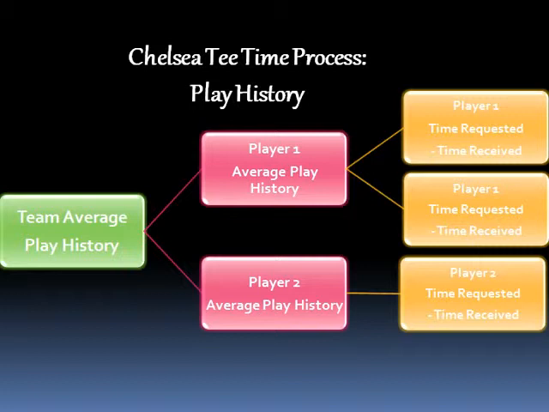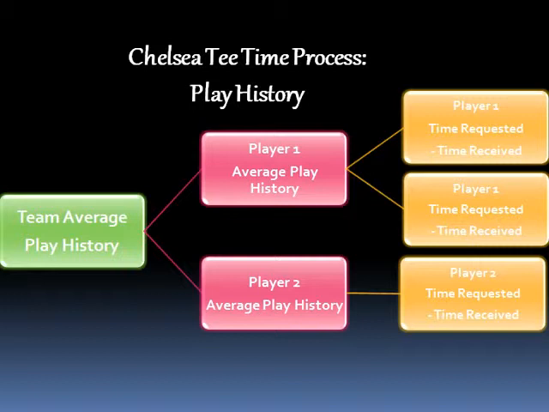Now, based on what player 1's average play history is, and what player 2's average play history is, it determines a team average play history. So it's important to remember that when you're playing golf and asking for tee times, the system's not only looking at what your play history is, but it's also looking at the play history of those that you are playing with or that you're paired with in order to get a team history.